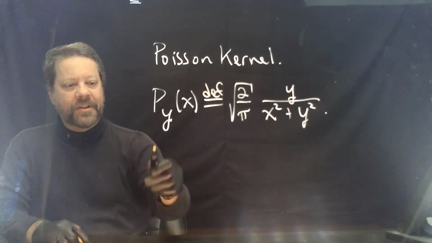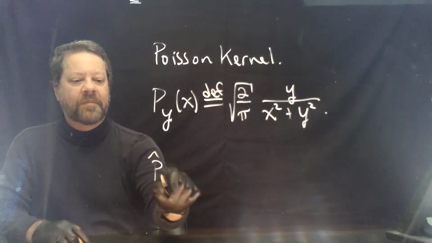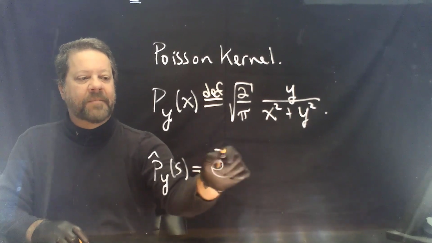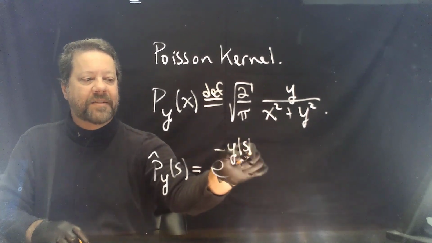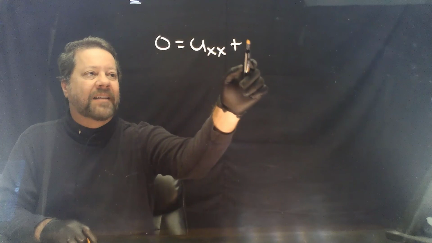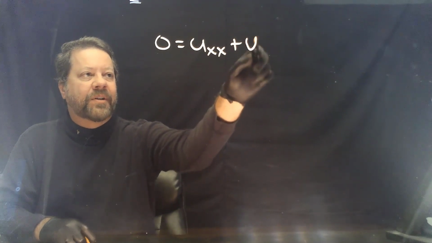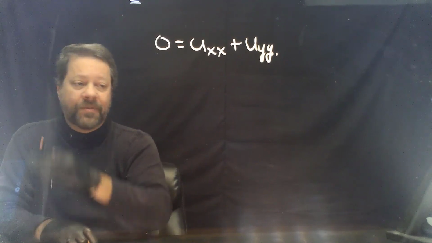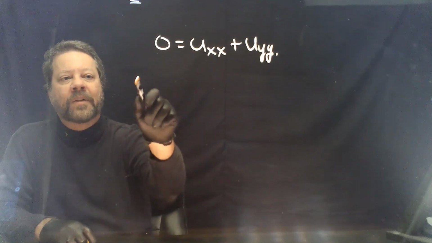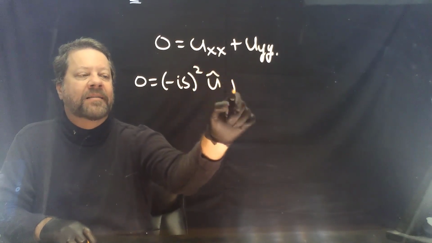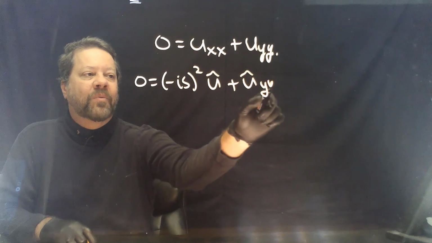After a short computation, it follows that p hat y of s is e to the minus y absolute value of s. It follows then, considering our original PDE, Laplacian u equals 0, taking the integral with respect to x, which goes from minus infinity to infinity, we'll have 0 equals minus s squared u hat plus u hat yy.